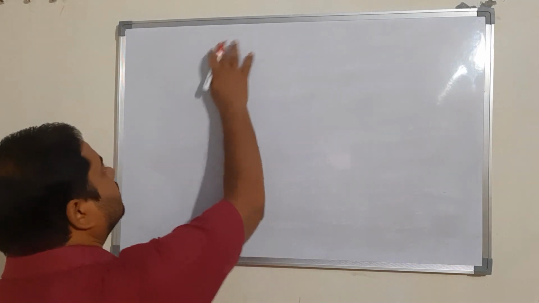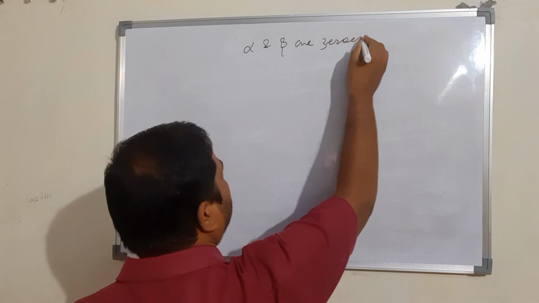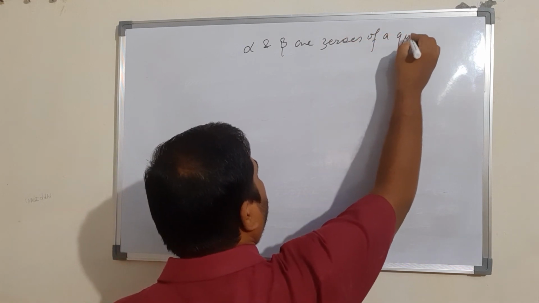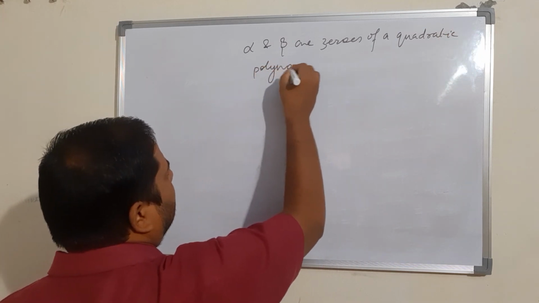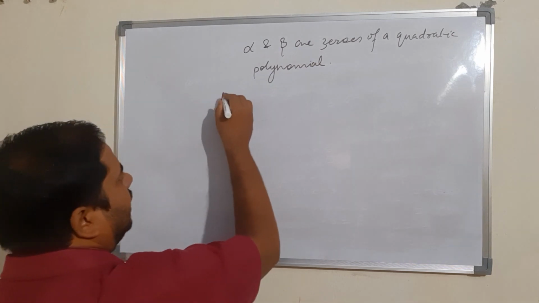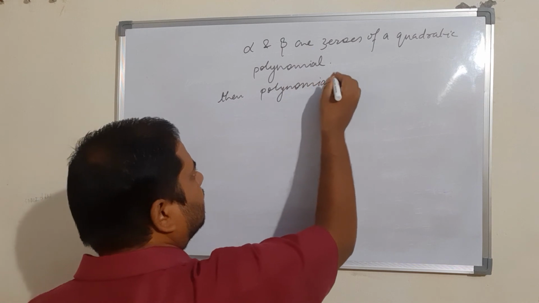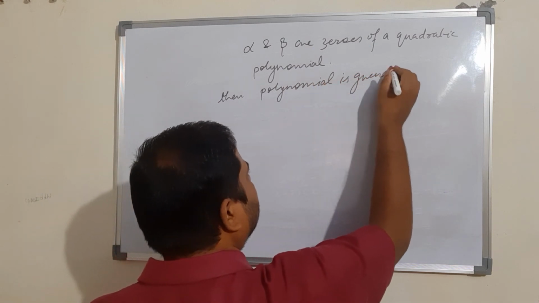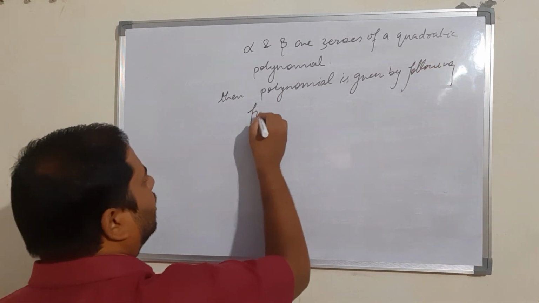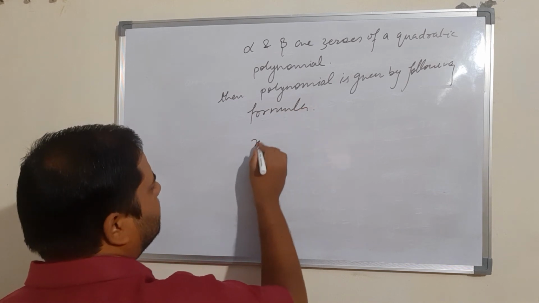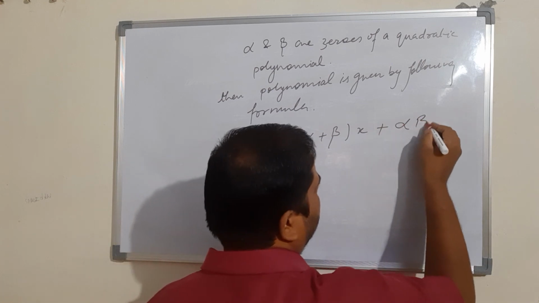Suppose alpha and beta are zeros of a quadratic polynomial, then the polynomial is given by the following formula: x square minus (alpha plus beta) x plus alpha beta.